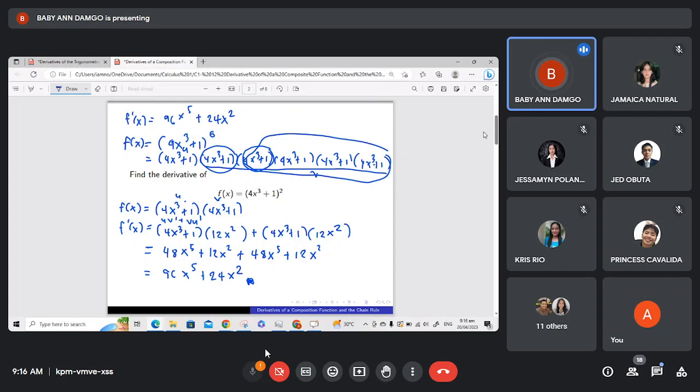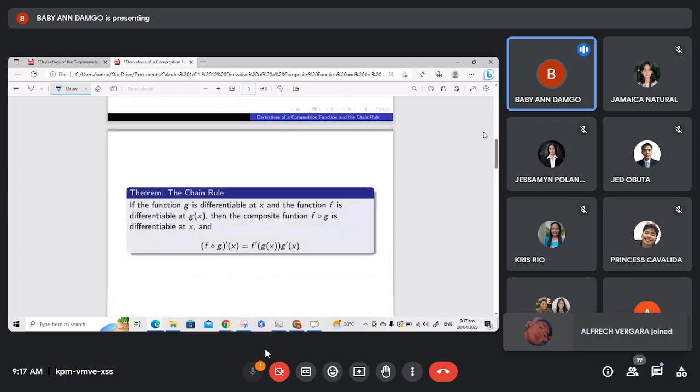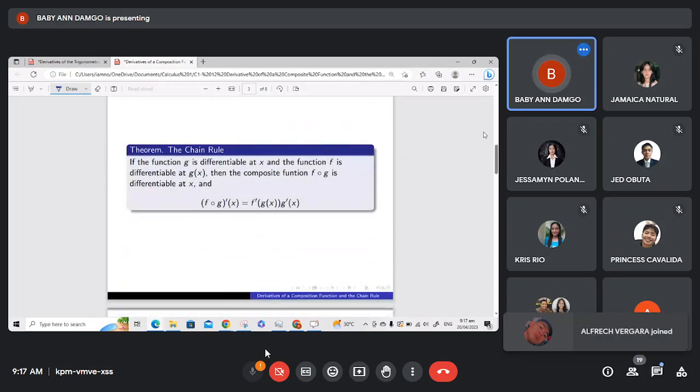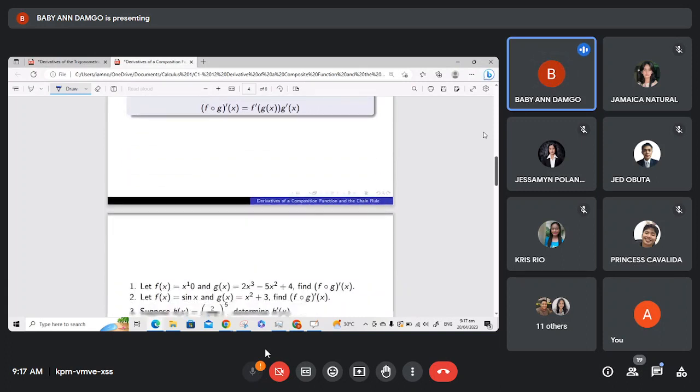So that is why we introduce the chain rule. Okay? So if you have f of g, the derivative of f of g of x is equal to f prime of g of x times g prime of x. Okay?